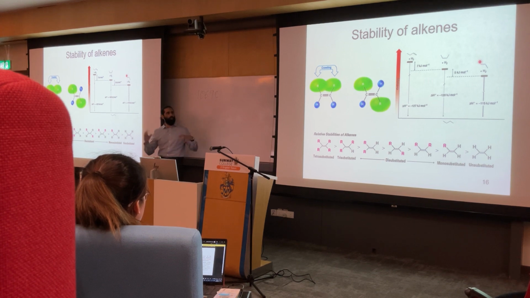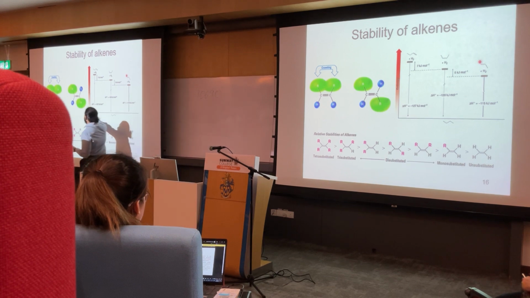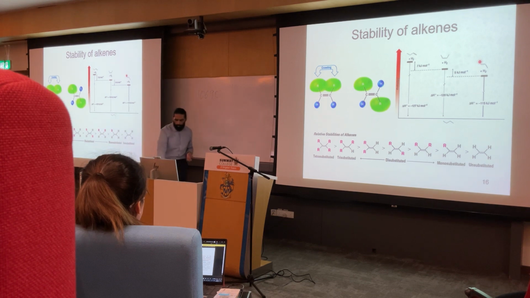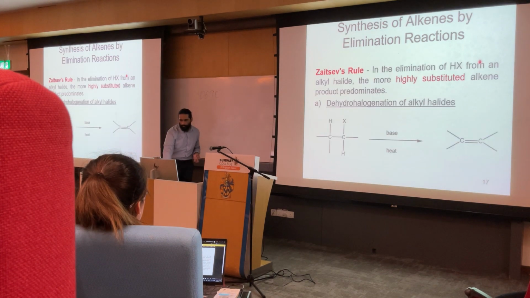Generally speaking, the more substitution is present on the carbon-carbon double bond, the more strength the double bond gets from the electron flow of those electronic groups. In the case of cis and trans, trans would be more stable than cis because of the steric hindrance of the electronic cloud in cis alkenes, right? So this is where we left.